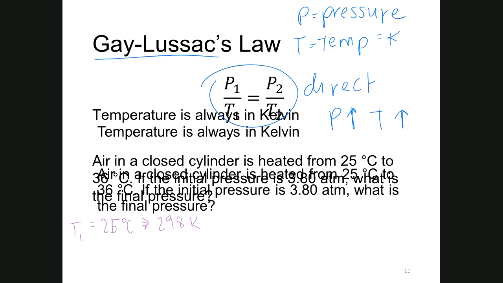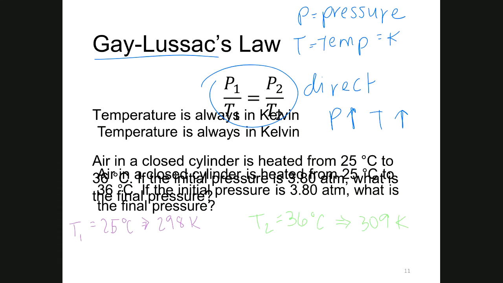And then our new temperature: it's going from 25 to 36, so T2 equals 36 degrees C. Again, convert that to Kelvin, so that's going to be 309 Kelvin.